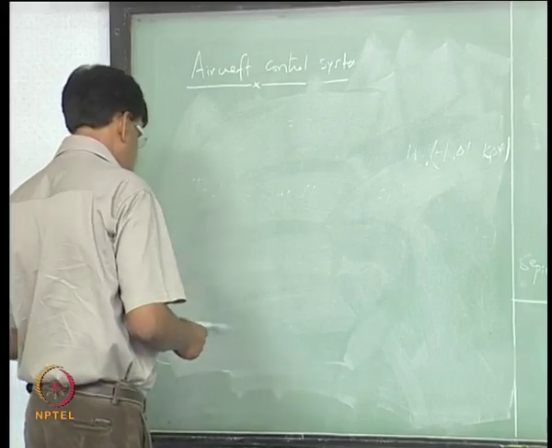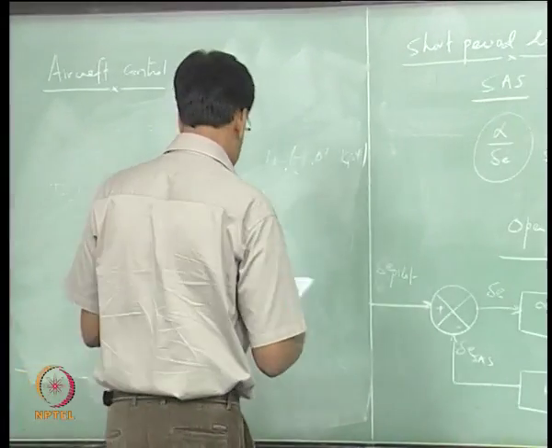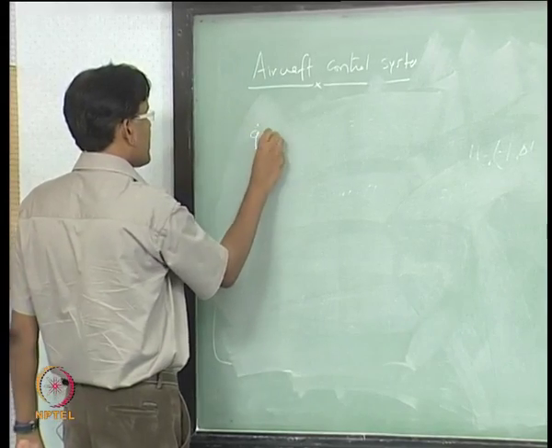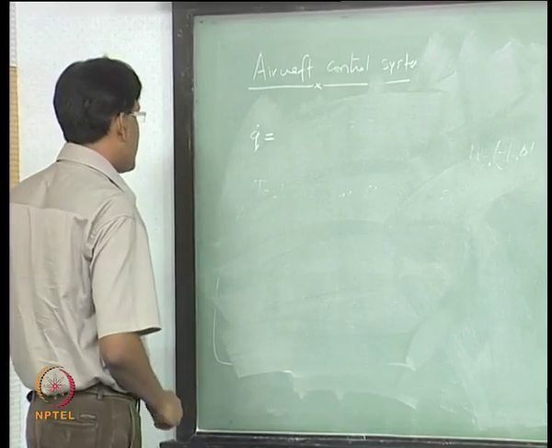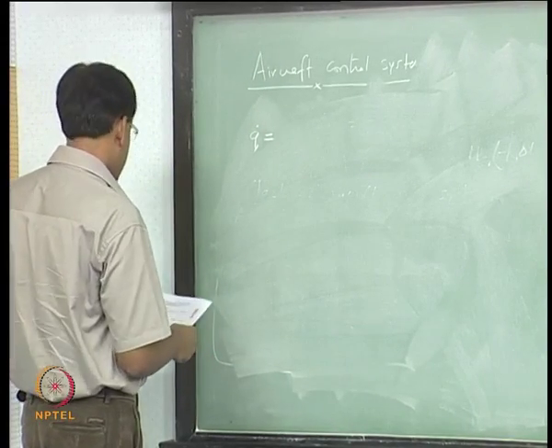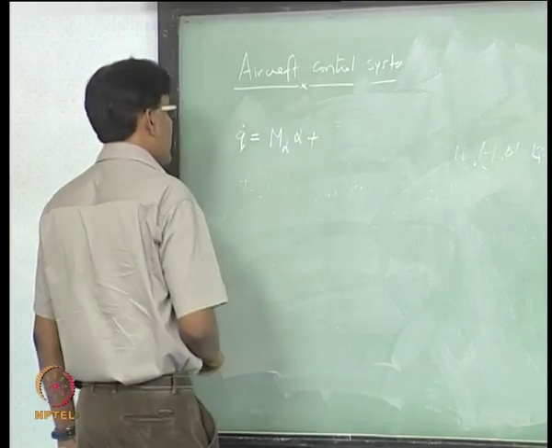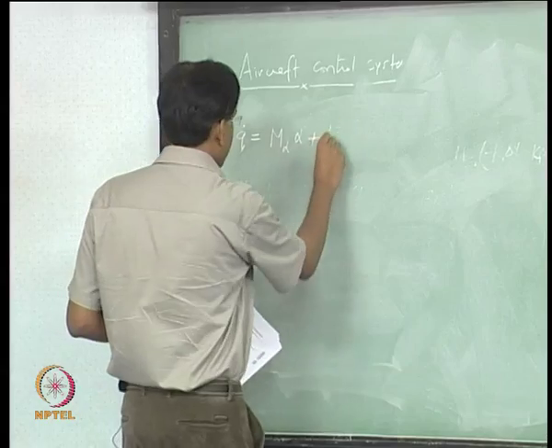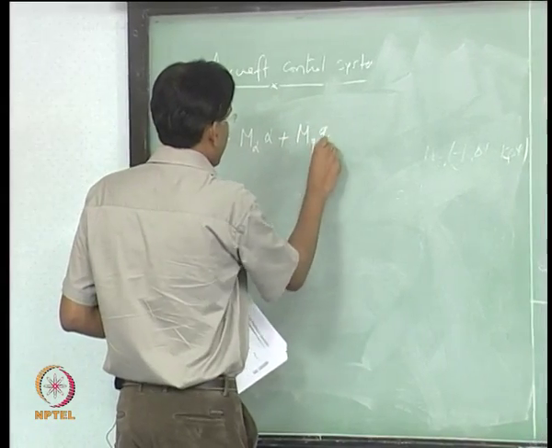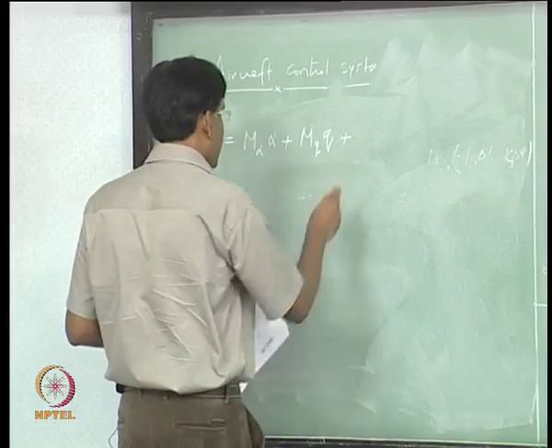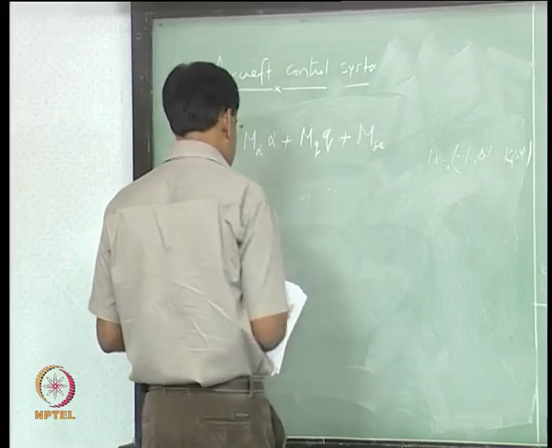Okay, let us look at what is happening here. So, we have the equations for the pitch rate dynamics, which is given by, so this is again a constrained situation.